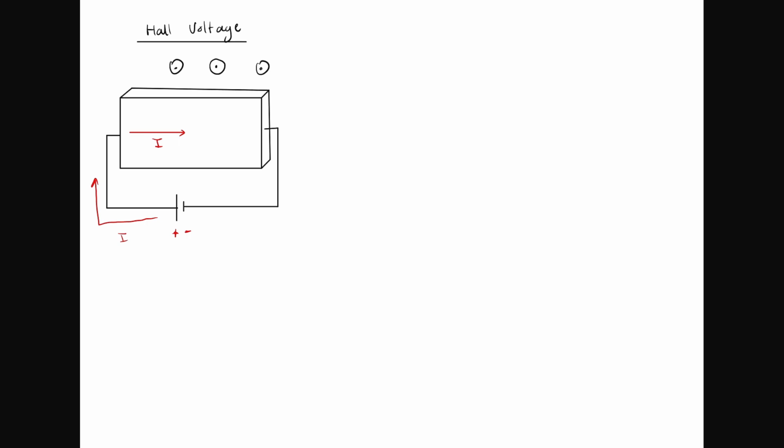Okay, so we have here B coming out of the page. I know a lot of students know what to do as the next step. What we need to do is figure out, is this an N type or P type semiconductor or metal?